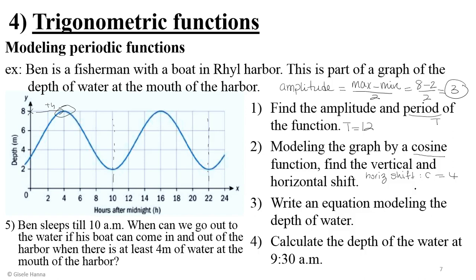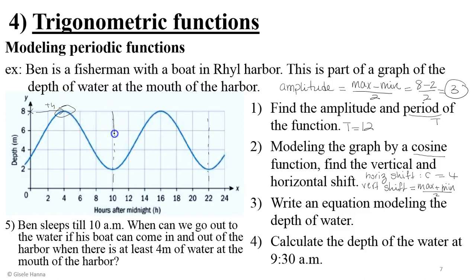However, if we're looking for the vertical shift, it's usually the maximum plus the minimum over 2. It's because we're trying to look for the center of the range of the function.